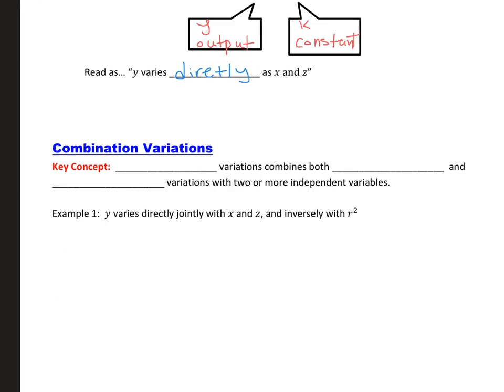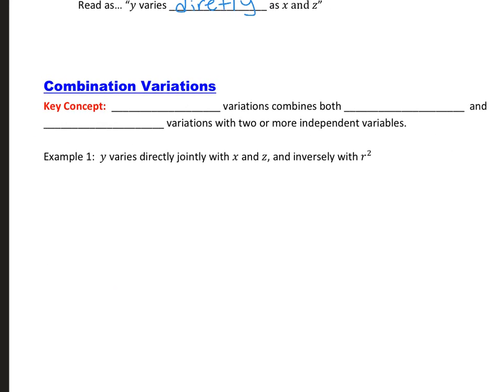And finally, combination variations is exactly what your intuition would tell you. So combination variations combine both direct and inverse. So in the following example, there's actually a typo here.